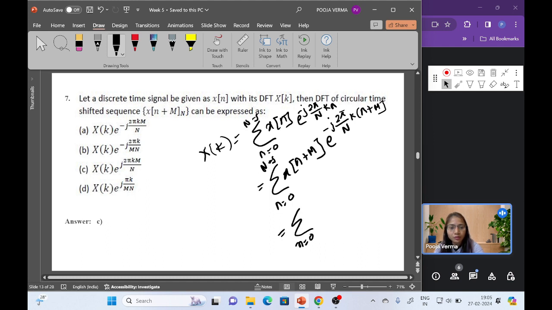We can take n plus m equal to L also, or otherwise we can follow the periodicity property, x of n plus m is equal to x of n only, because this is an N-point circular shift.